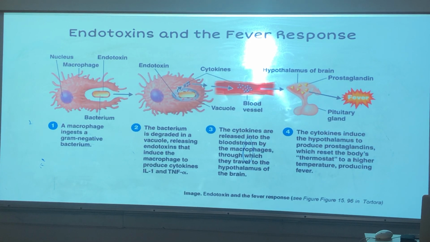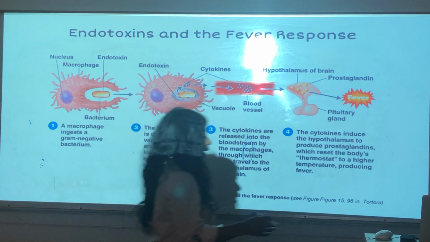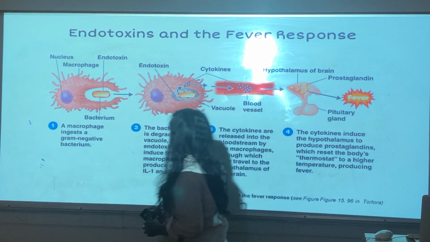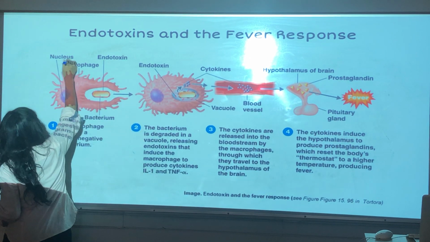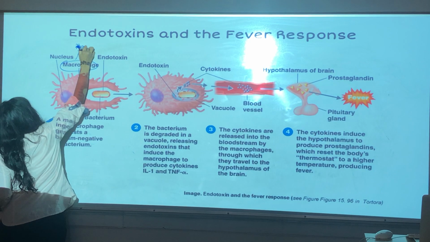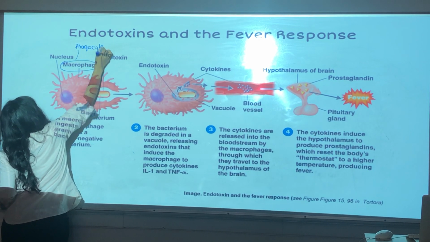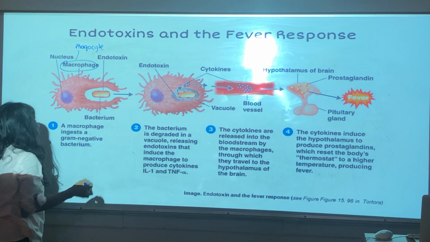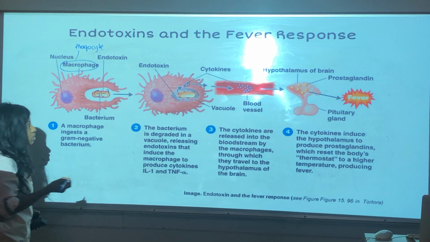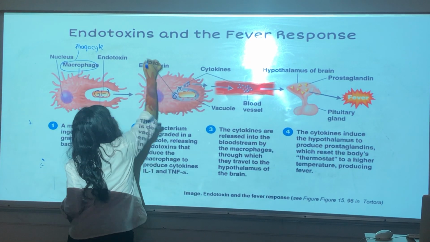All right, so as we went over, endotoxins are going to be involved in the fever response. In this fever response, what happens is that our phagocyte will eat this gram-negative bacteria, and once it eats the gram-negative bacteria, the endotoxins get released.